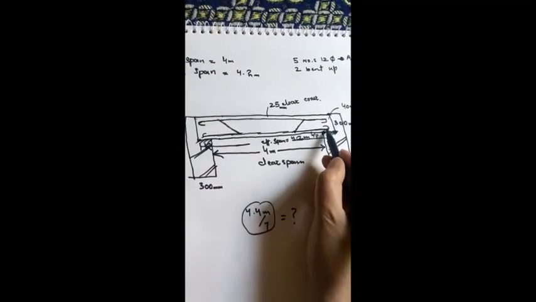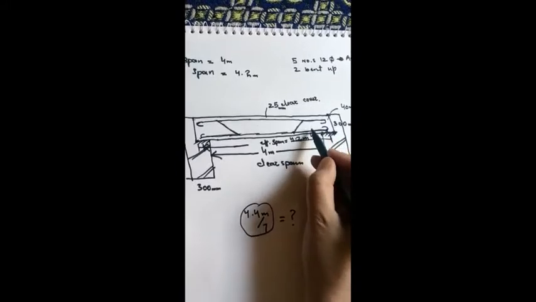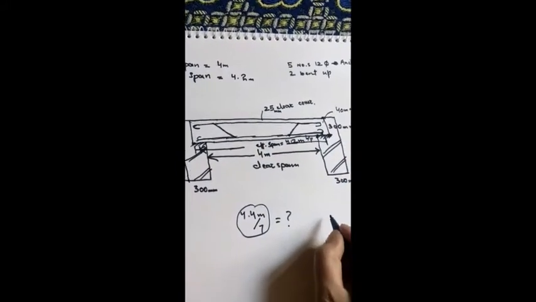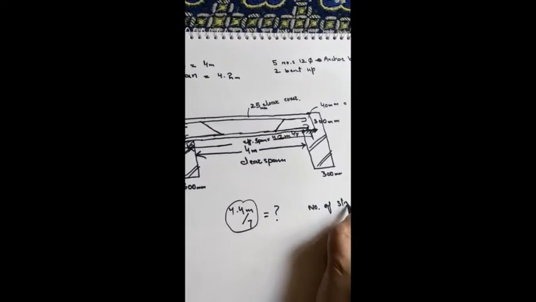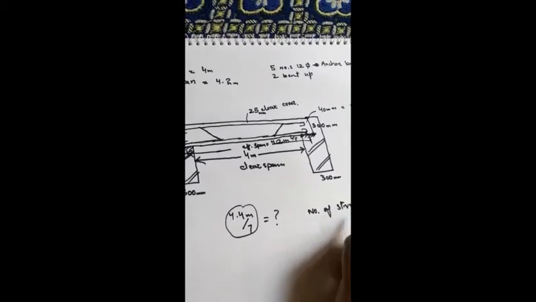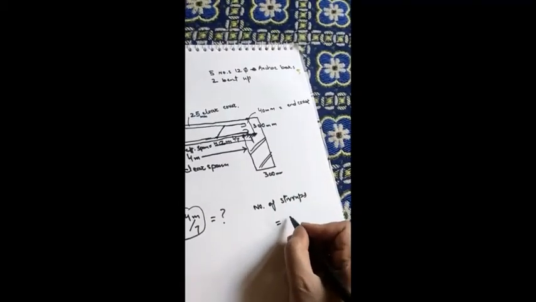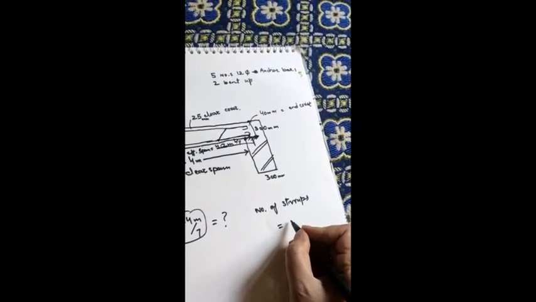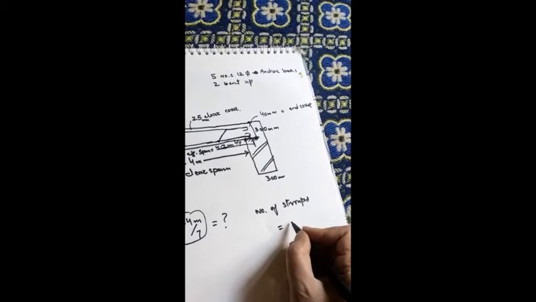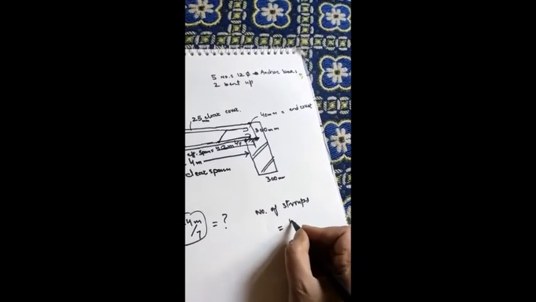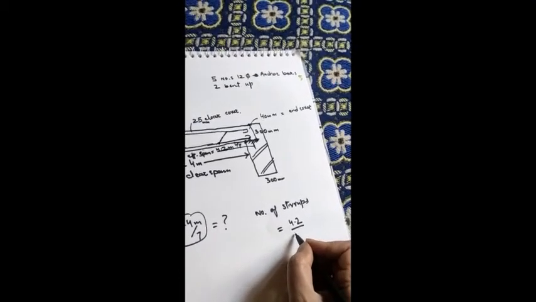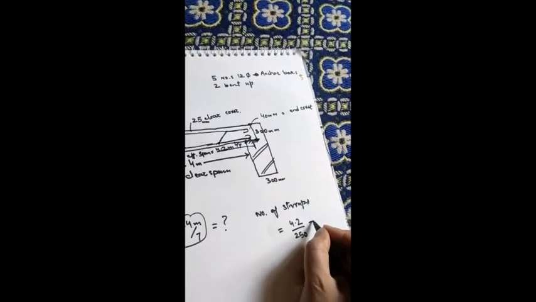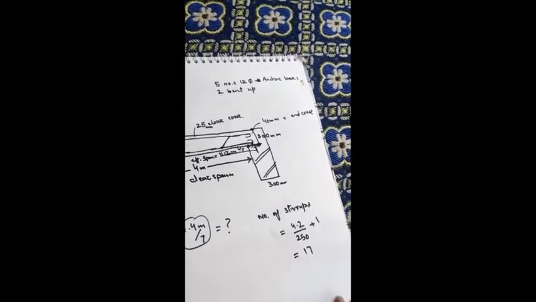Now we are going to calculate number of straps. Number of straps equals effective span 4.2 divided by spacing of these straps, that's 250, plus 1, that will be equal to 17.